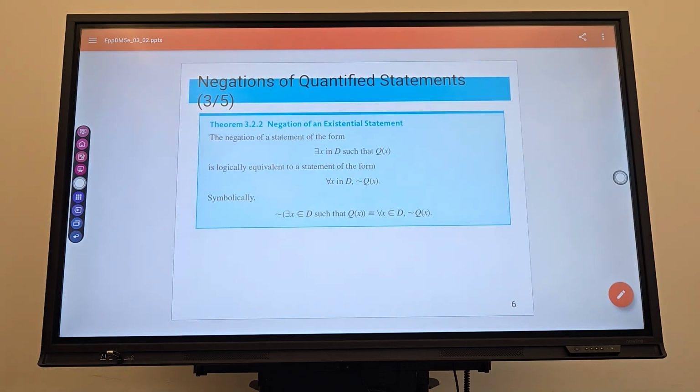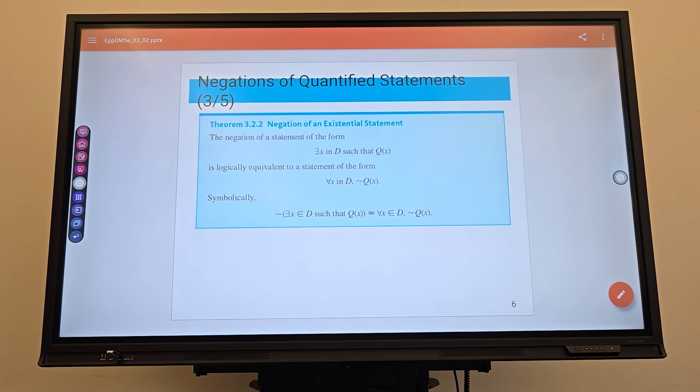Negation of an existential statement. If it's in the form "there exists an x in D such that Q of x," it is logically equivalent to the statement "for all x in D, not Q of x is true." So for all x in D, Q of x is false.